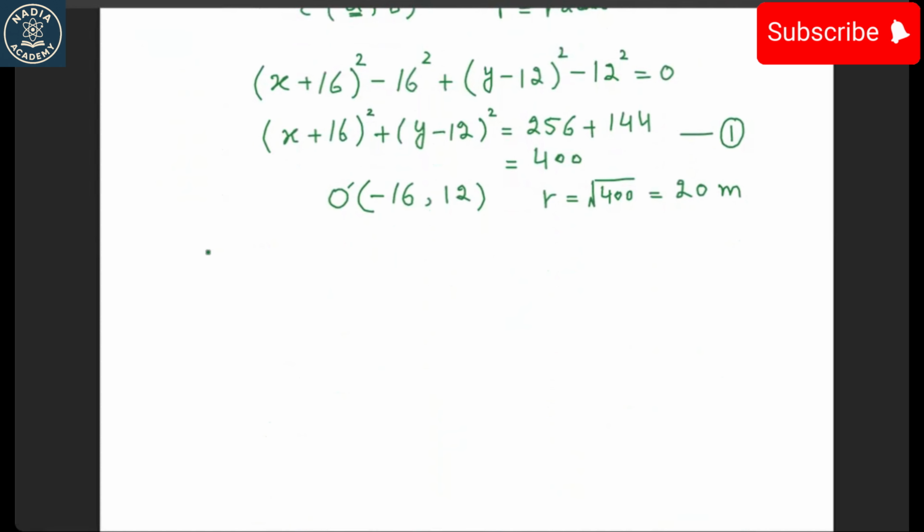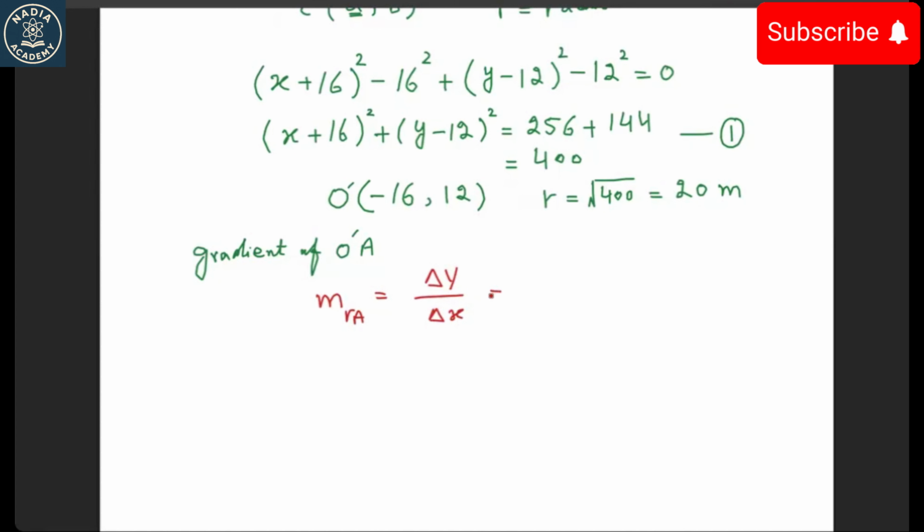So first, let's calculate the gradient of the line O prime A. The equation of the gradient is the following. We have m of the radius vector towards A is equal to delta y divided by delta x.